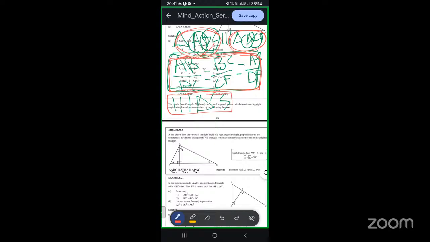Oh, okay, sir. Do you get this part? Yes, I get it. So basically, more like the exercise we did before this one, I have to prove that the triangles are similar before I get to the part where I can equate the sides of the triangle. Yes, you must be convinced first that those triangles are similar.